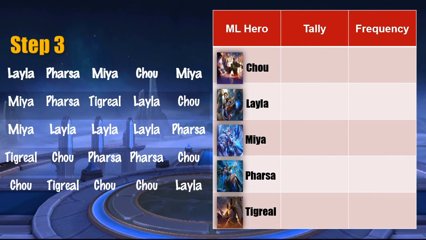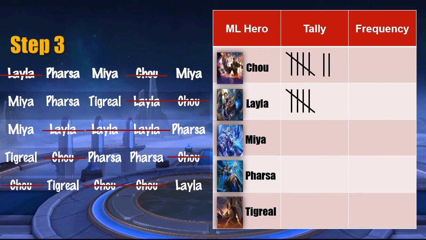Let's now tally your result. Let's start with Chou. Chou appears 1, 2, 3, 4, 5, 6, 7 times. Layla appears 1, 2, 3, 4, 5, 6 times.